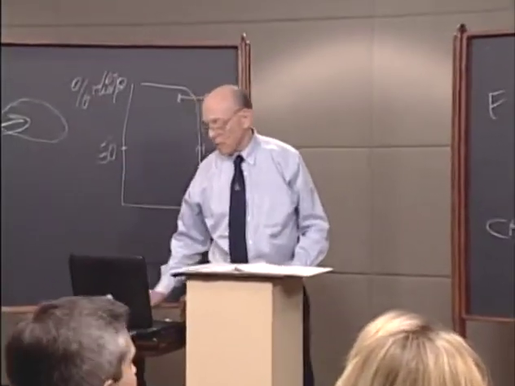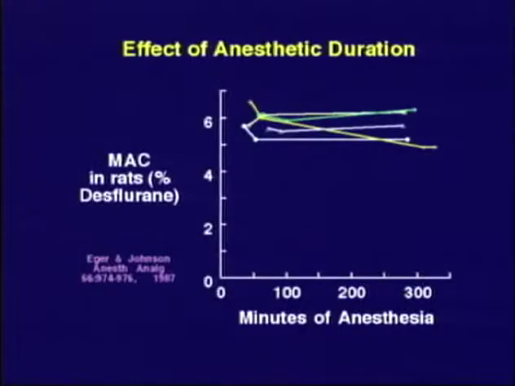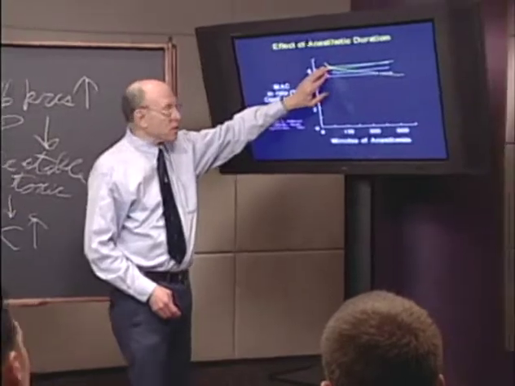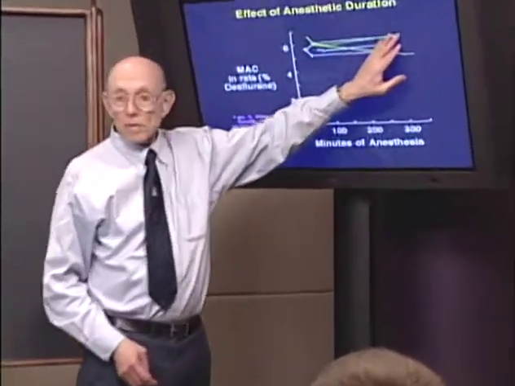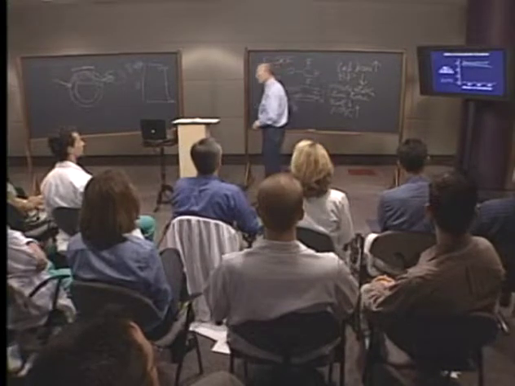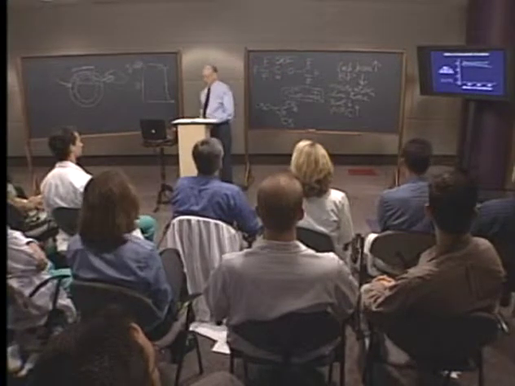And here's one example of that, the example of duration. This was in some studies that we did in rats anesthetized with desflurane, but the same thing is true for the other inhaled anesthetics. So the MAC was here at the start of anesthesia, and then 5 hours later, it's the same place. No change. So increasing duration doesn't affect anesthetic requirement.